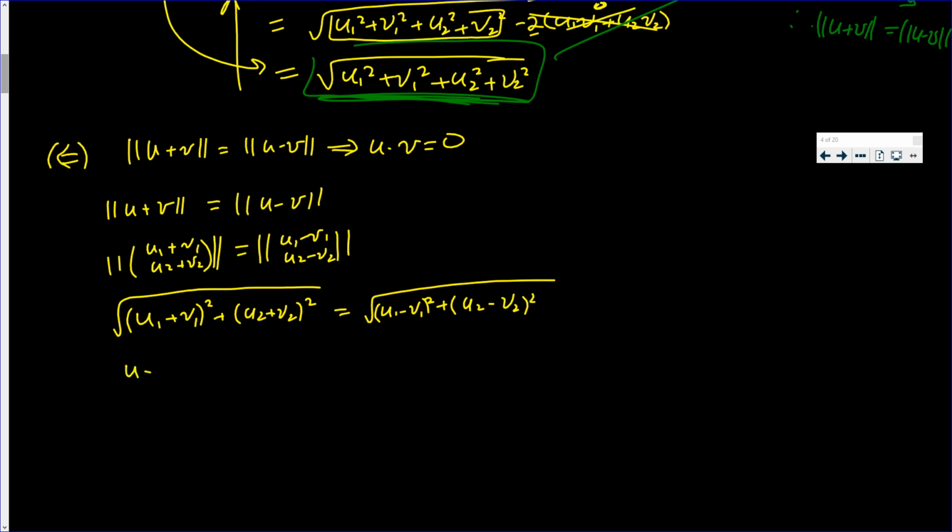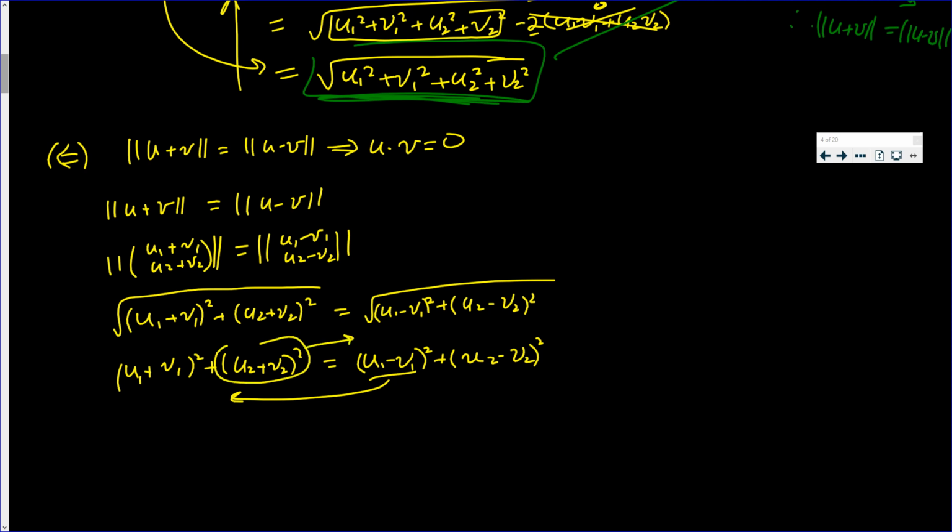Let's square both sides. You get this plus that equals (u1 minus v1) squared plus (u2 minus v2) squared. Now, I would like to bring this to the left side, and I would love to bring this to the right side.